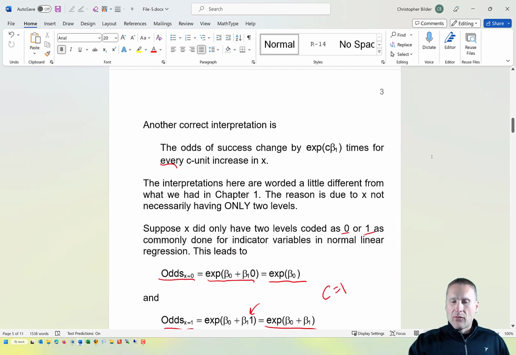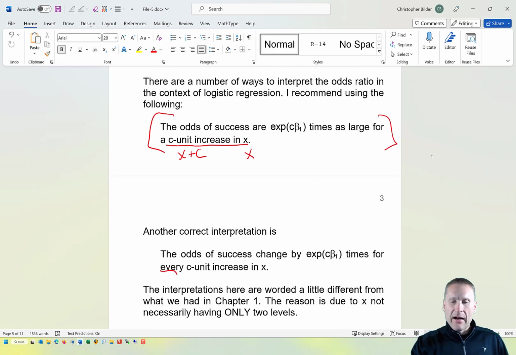For example, the odds of a success are whatever the odds ratio is, times as large for a c unit increase in x_r, if we have a model that has p explanatory variables in it. For a c unit increase in x_r, holding all of the other explanatory variables constant.